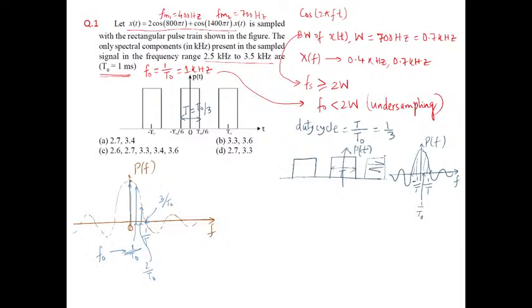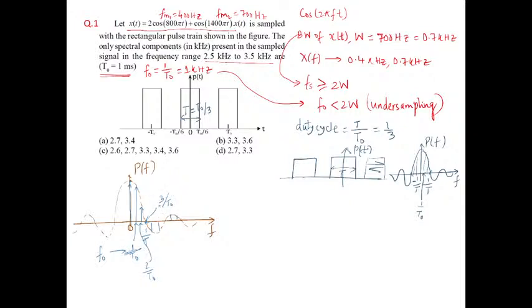Now since T upon T naught is equal to 1 by 3, 3 upon T naught is simply equal to 1 by T. So the frequency components present in P(f) will be 1 upon T naught, 2 upon T naught, then directly 4 upon T naught, 5 upon T naught, then you won't get 6 upon T naught, then it will be 7, 8, and so on.